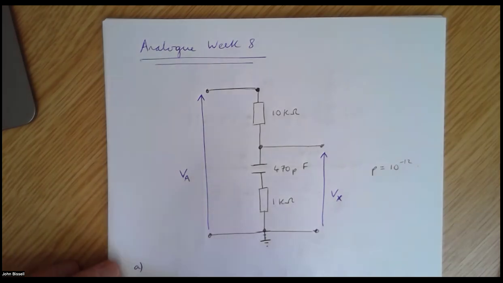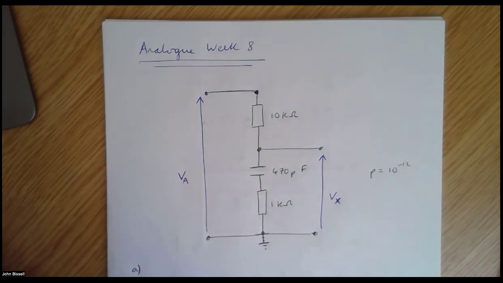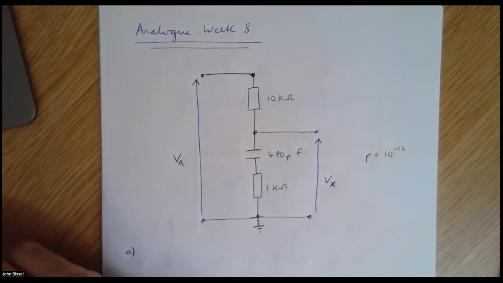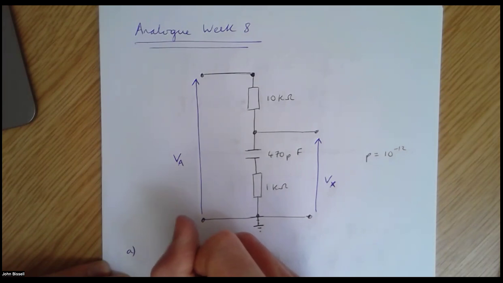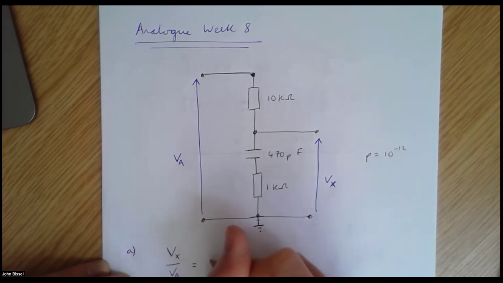Well, actually, you guys tell me, what is the frequency response? Because this will have been defined in your lectures, right? I'm not entirely sure. It's basically the ratio of the output voltage to the input voltage.